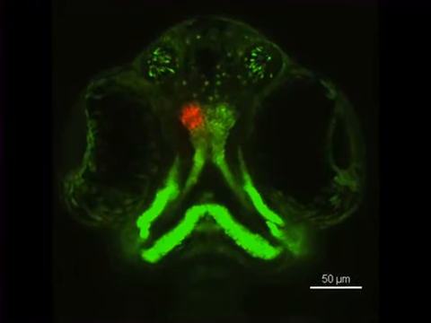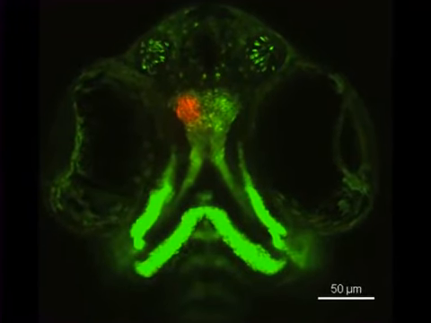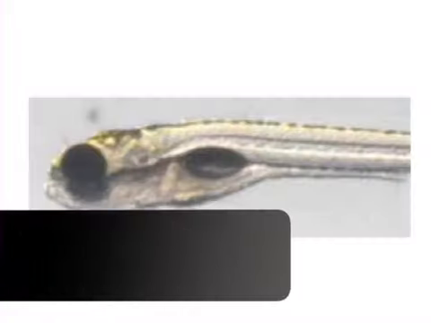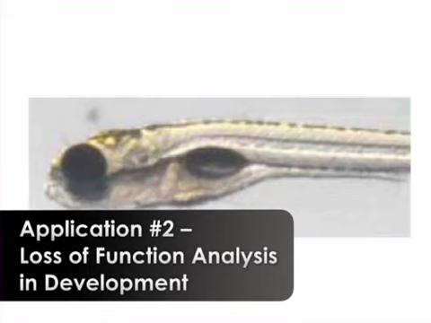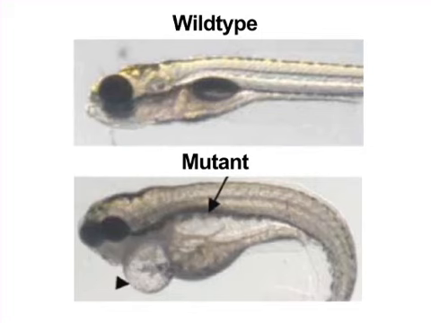Using advanced imaging techniques, the fluorescent cells can be imaged in real time, allowing researchers to directly visualize complex developmental events. Another important use of genetic engineering is to study specific genes and their role in disease phenotypes.